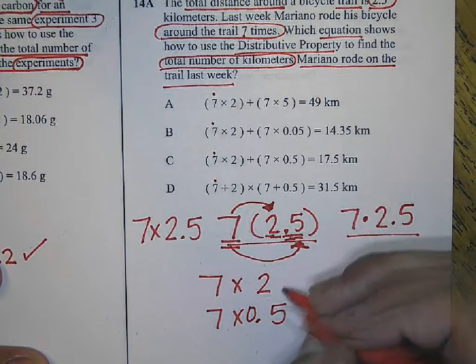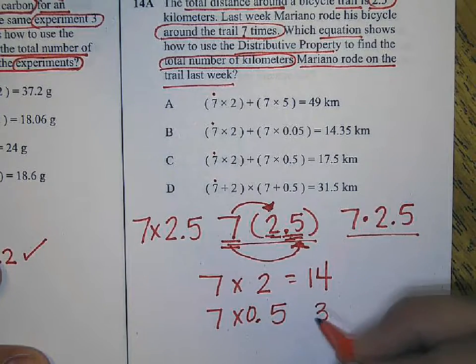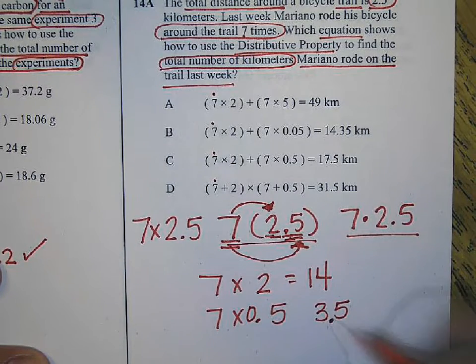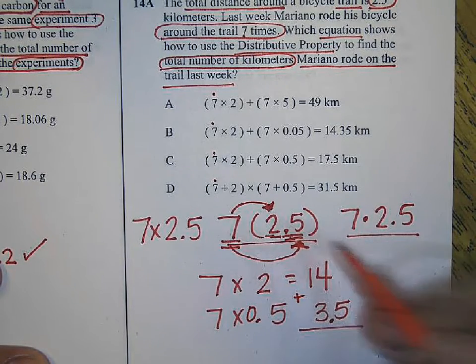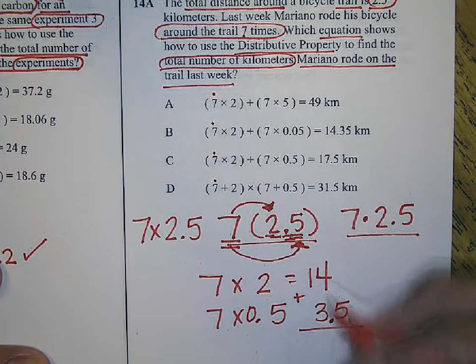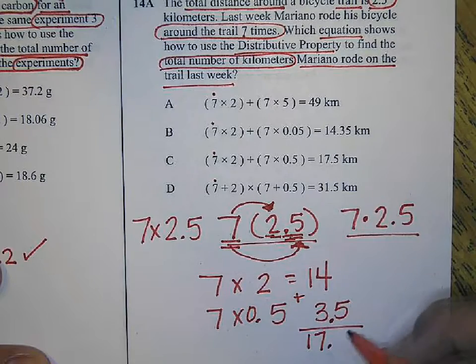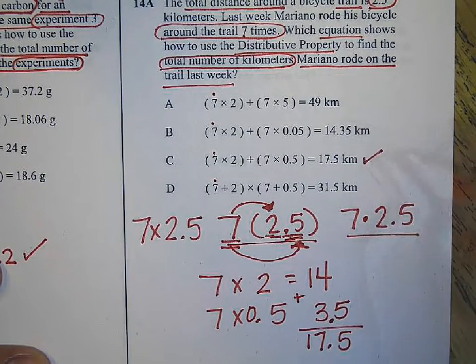So, this would be 14. 7 times 5 is 35. Bring in my decimal once. And then I add those two because I distributed, but I did not get my final answer until I add them. 14 plus 3.5 is 17.5. Okay, there's only one answer choice that has that, so let's just double check.